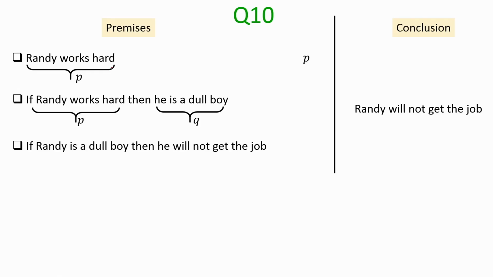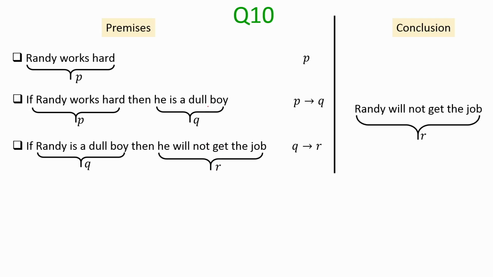Then for the second statement, I introduce another variable q, because Randy works hard is already represented by p, and the second statement will be represented by p implies q. For the third statement, I need another variable r to represent that Randy will not get the job, and then the third premise is q implies r.